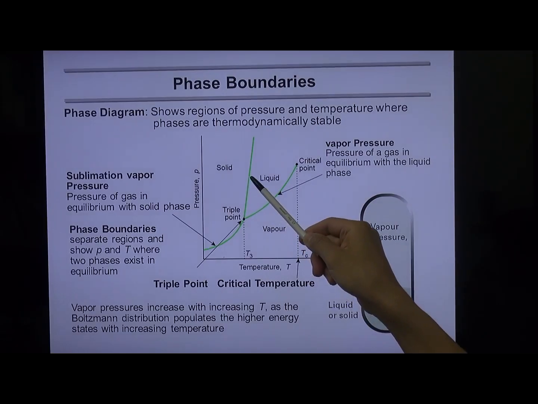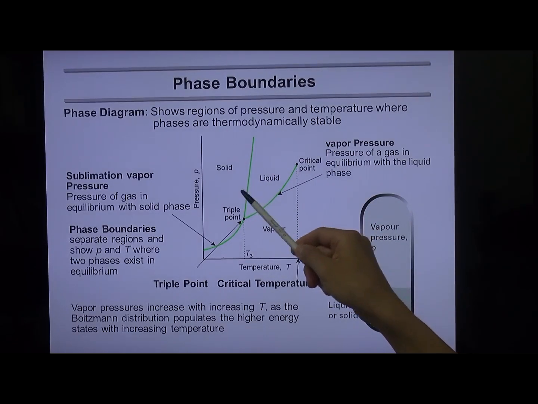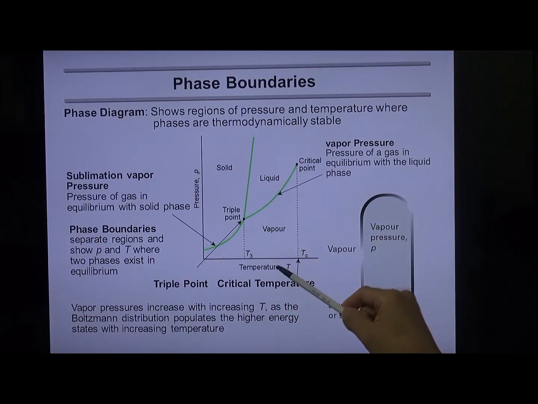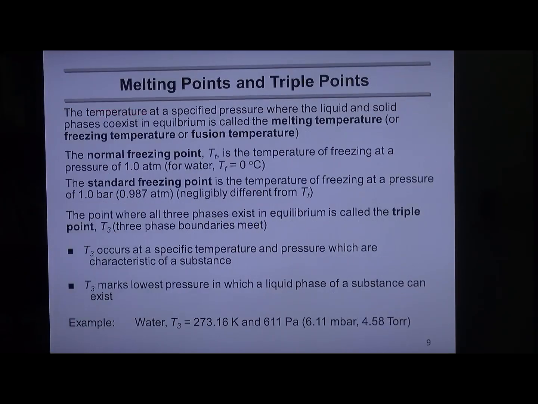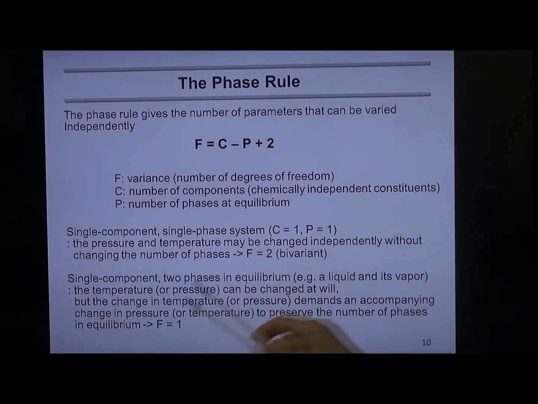Following this line, you cannot move from this line. So if you determine either pressure or temperature, the other variable is automatically determined. That's why the variance is 1.